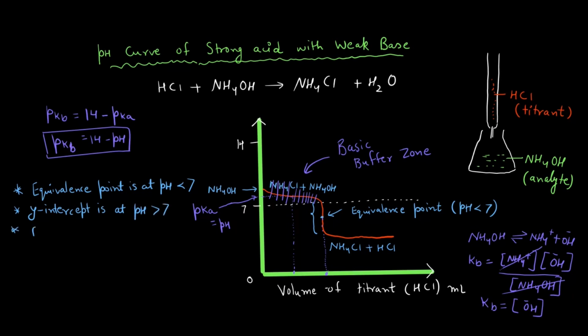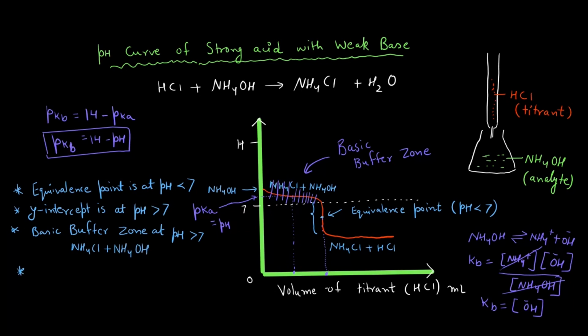We have a basic buffer zone at pH greater than 7, and the basic buffer is of ammonium chloride and ammonium hydroxide.